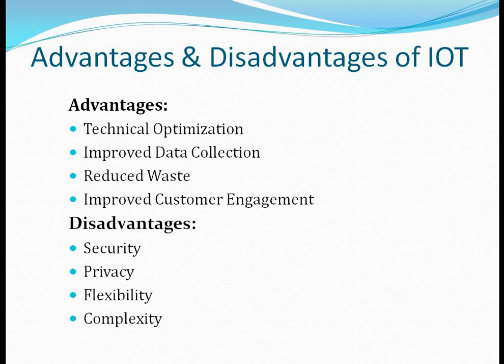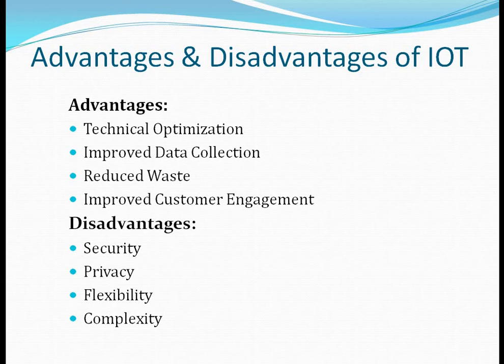The first disadvantage is security. Whatever data we generate using the sensors, we store it in a cloud, and we need to provide some security there. In that security there are some disadvantages. The data may be lost.